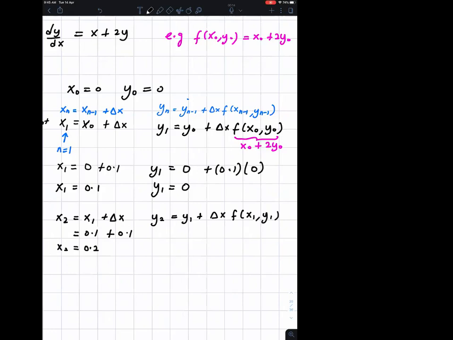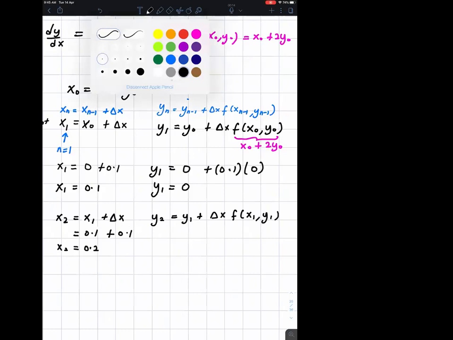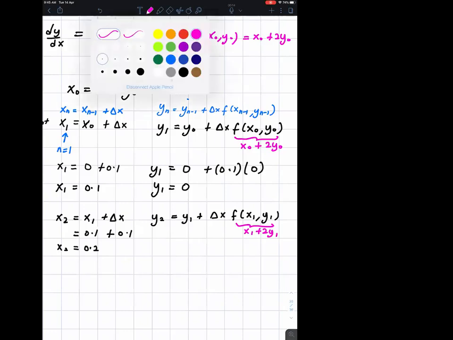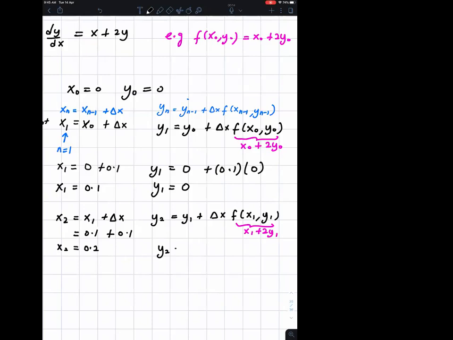Okay, remember again, I told you this part here is going to be X1 plus 2Y1. Keep that in mind. Therefore, Y2 is going to be, what was Y1 earlier that you calculated? 0, sir.